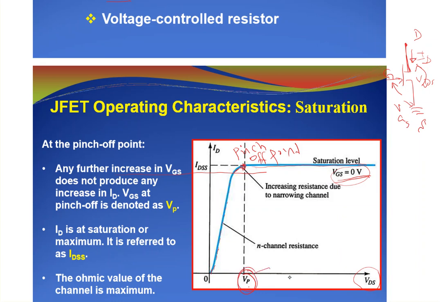It's no longer called VDS, it's called VP, and the corresponding current will be IDSS instead of ID. So ID is at saturation or maximum, referred to as IDSS, and the ohmic value of the channel in that case will be the maximum value of the ohmic resistance.